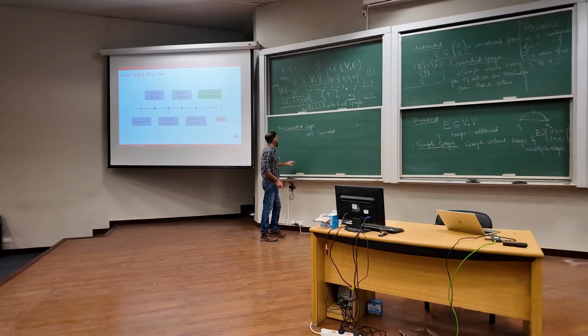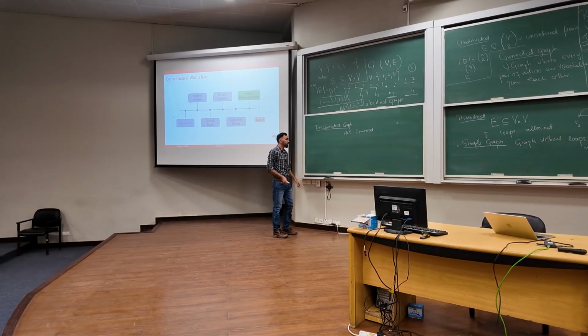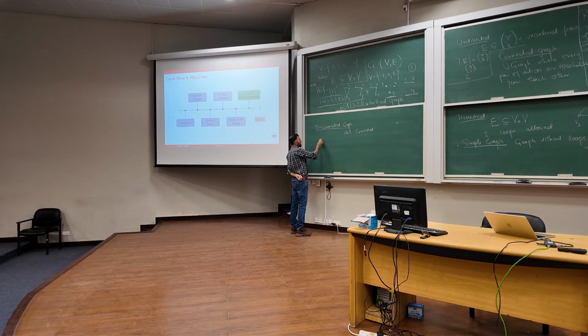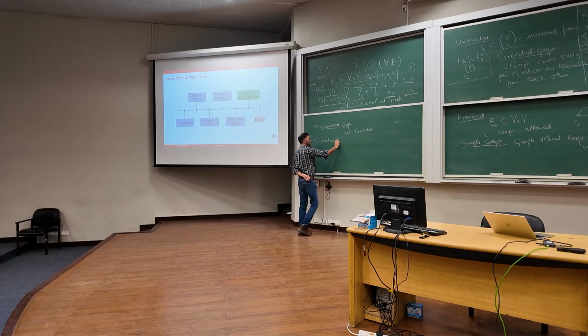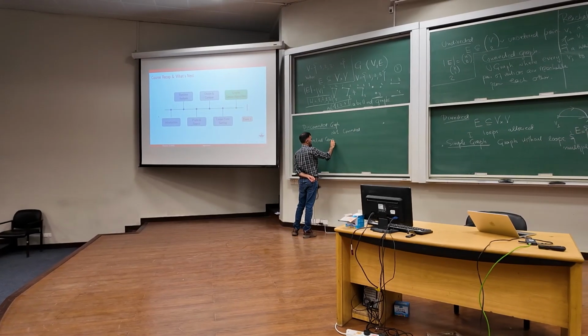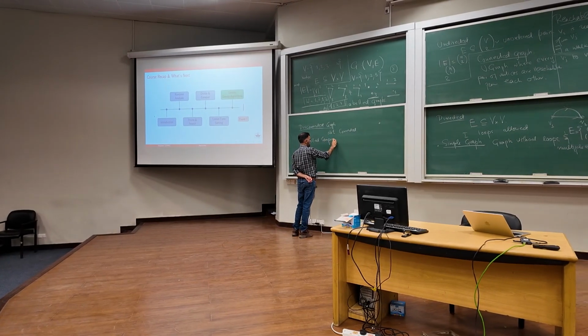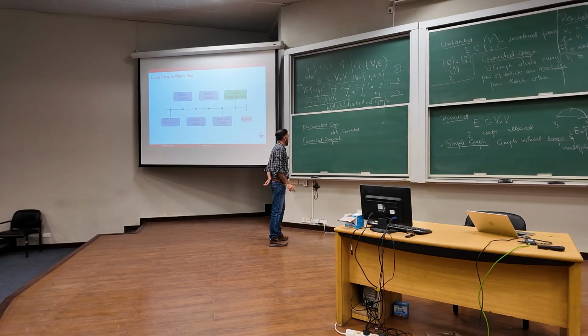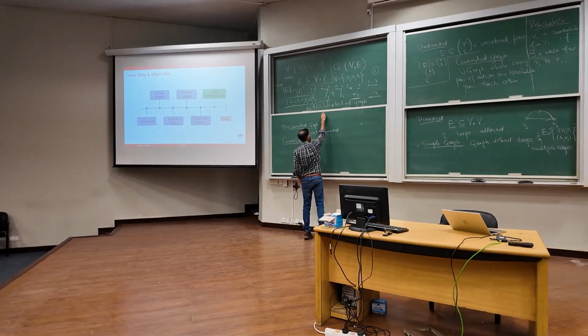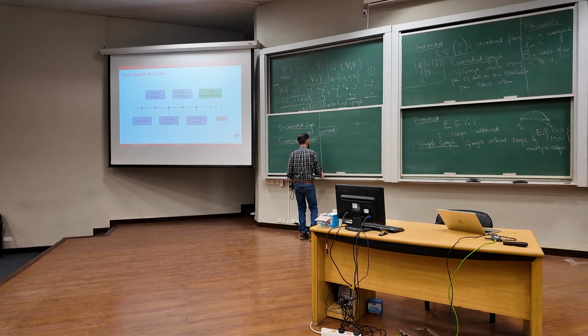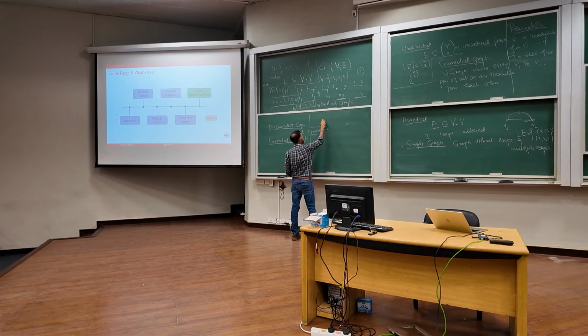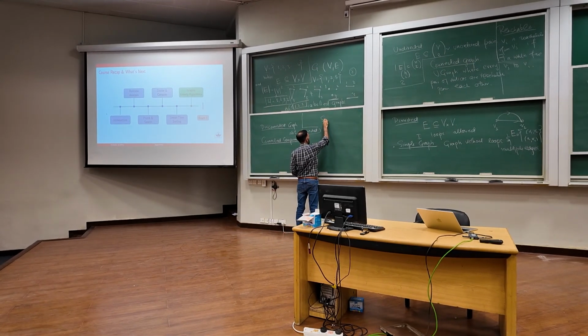Once you have a disconnected graph, another important concept comes into play, which is called connected components. और इससे पहले मैं एक और चीज़ डिफाइन करना चाहता हूँ, which is a subgraph.